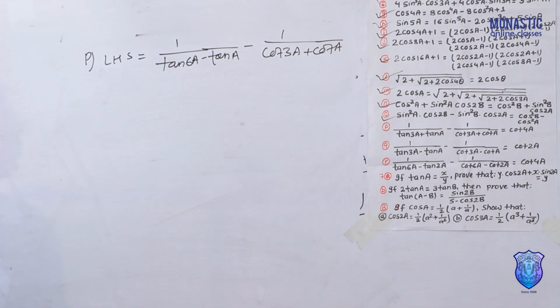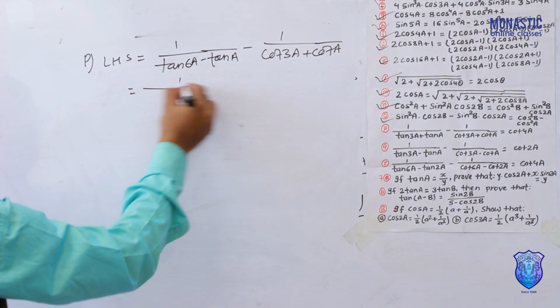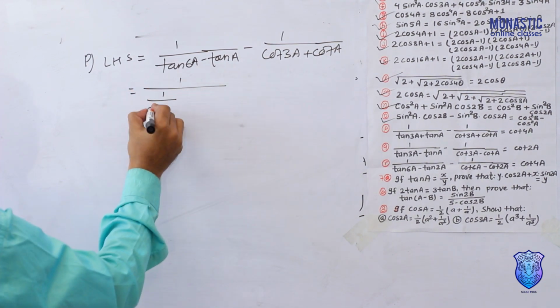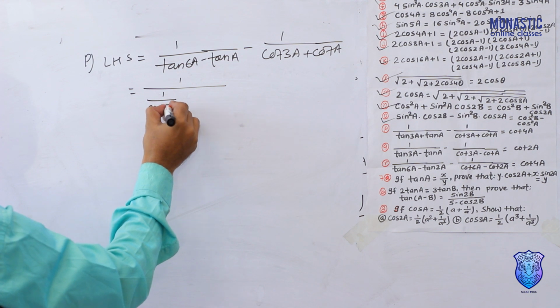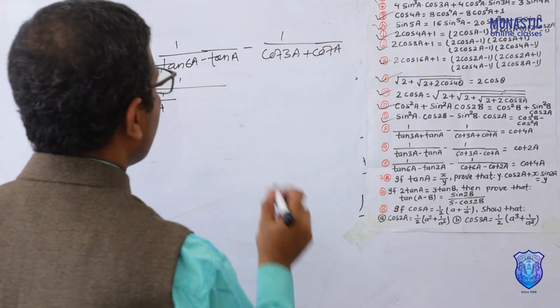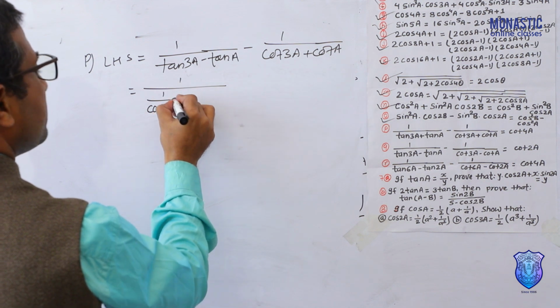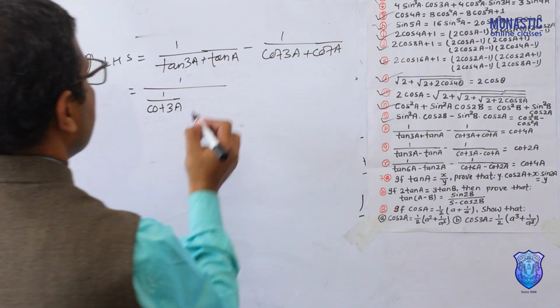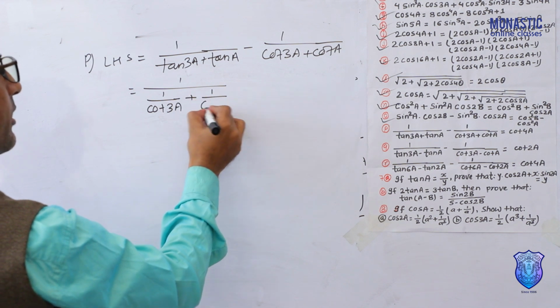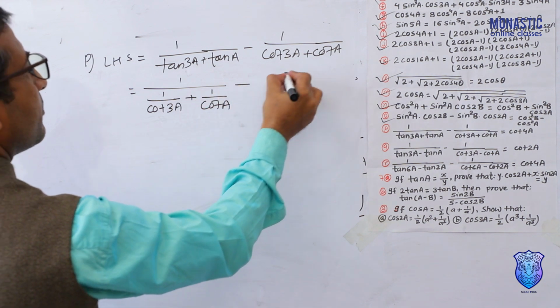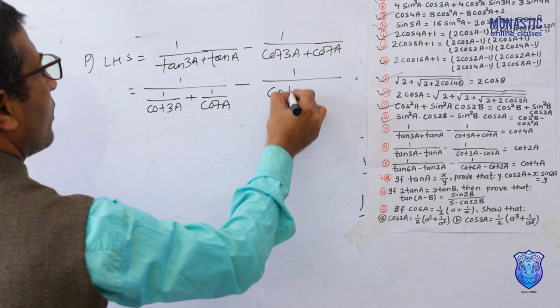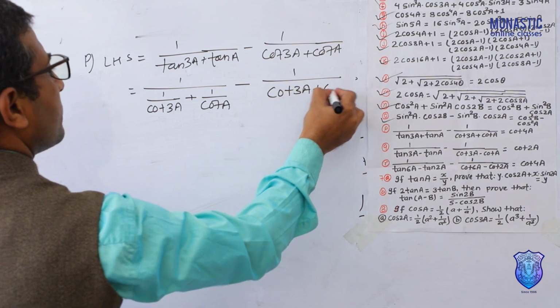In RHS, we want the result in cot, so we can convert tan into cot. Here it was 3a. Cot 3a plus 1 by cot a minus 1 by cot 3a plus cot a.